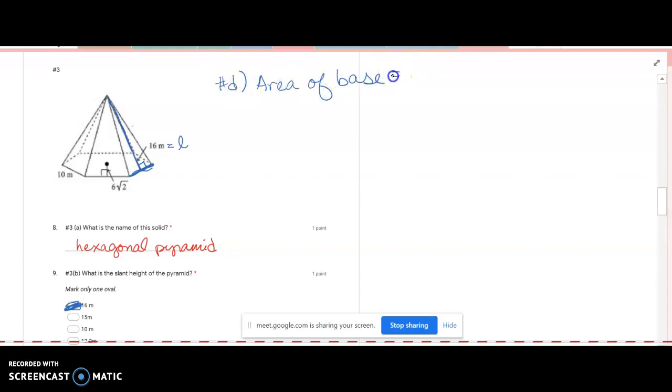So the formula for this is 1/2 times apothem times perimeter, and we know that because this is a regular polygon on the bottom of this pyramid. All the pyramids we're doing all have regular polygons for the base. The apothem is actually given to us. It is 6 square root 2.